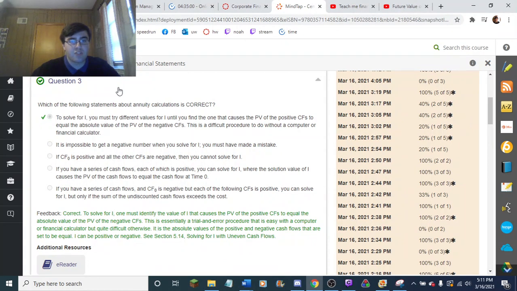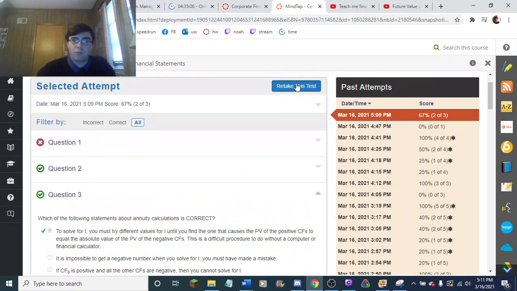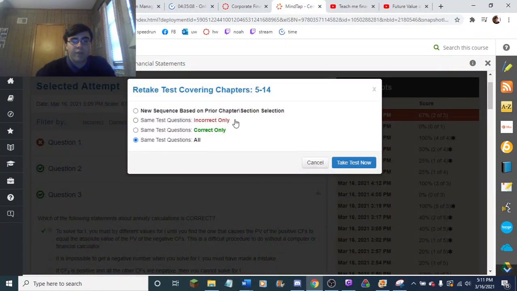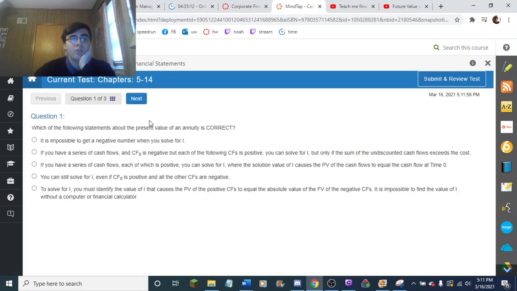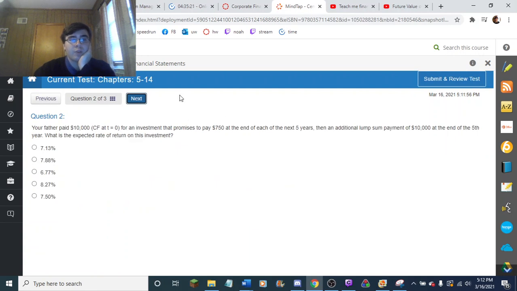This is a difficult procedure to do without a computer or financial calculator. Wait, so are they going to make you do this? I would assume.